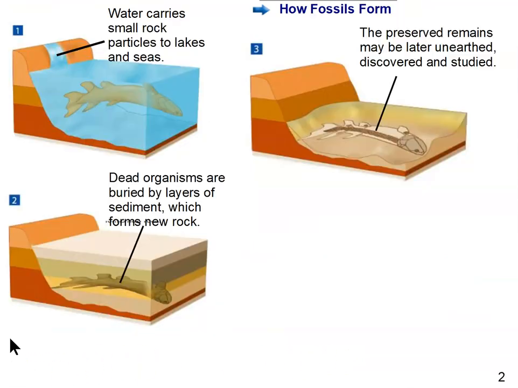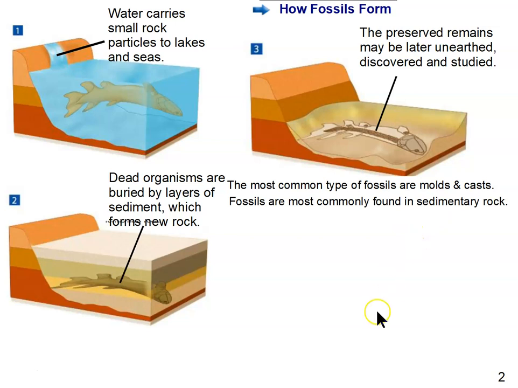You probably already have an understanding of how fossils will form. This is just one example of a fish fossilizing. The most common fossils are molds and casts. They're most commonly found in sedimentary rock, and that's the example that we see here.